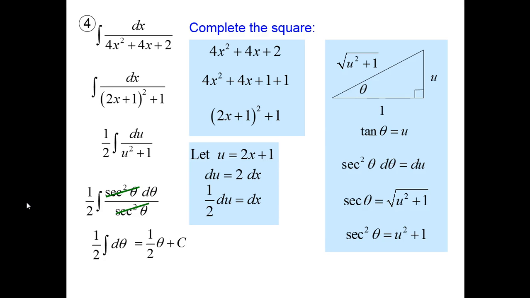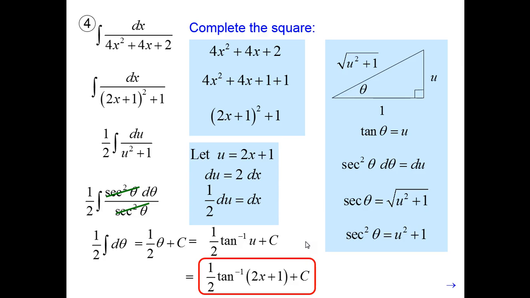Now, just like in the last example, we can't leave theta in our answer, but remember that tangent theta was equal to u. So I'm going to rewrite this as arctan of u, but keep in mind that u was 2x plus 1.